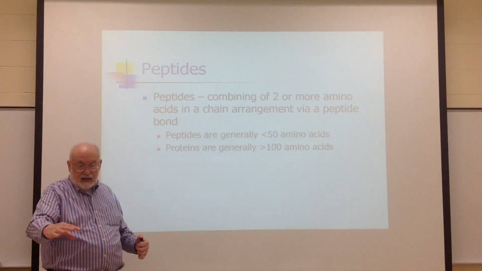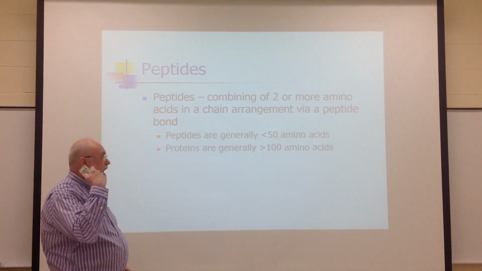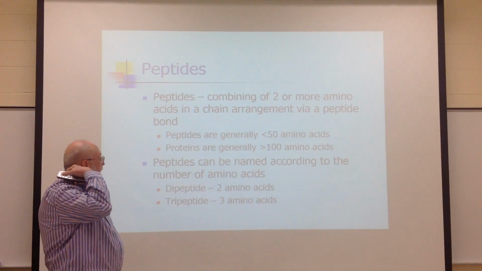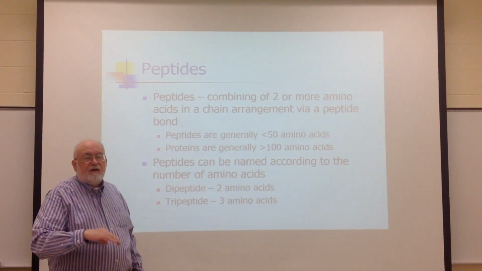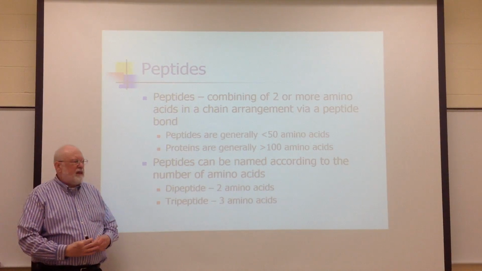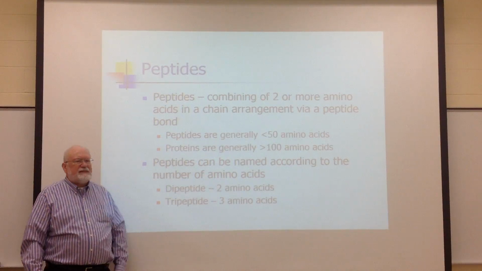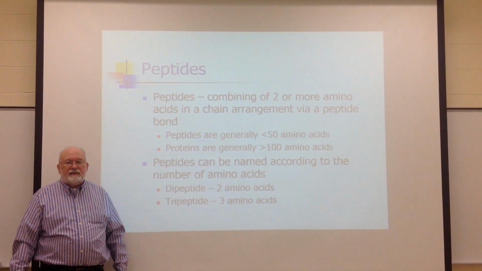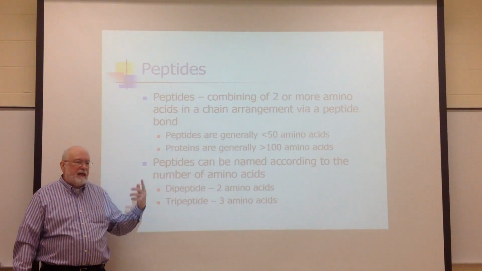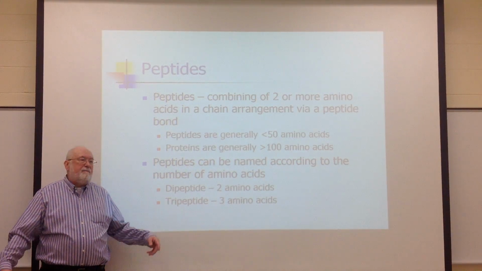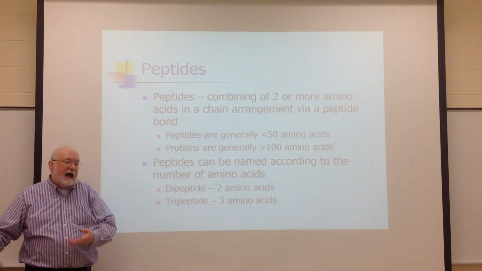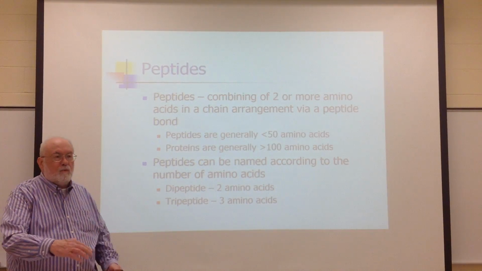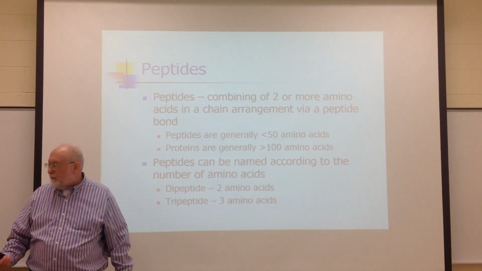Peptides, proteins. Degree of size, how many you string together. You can name them, particularly the short ones, by how many amino acid residues. So as we said, a dipeptide would be 2 amino acids strung together. Tri would mean 3. If you had a pentapeptide, that's 5 in a chain. I wouldn't worry about anything other than that.